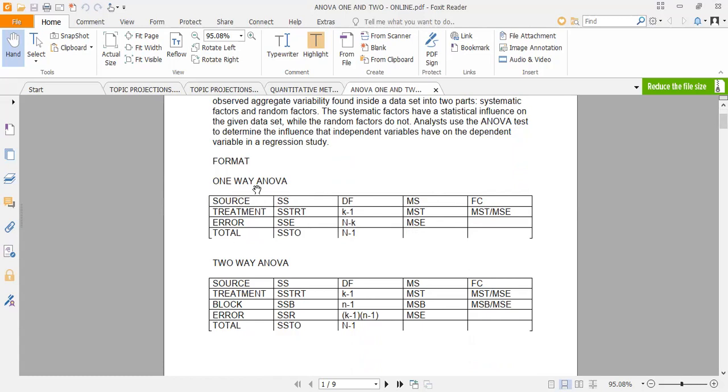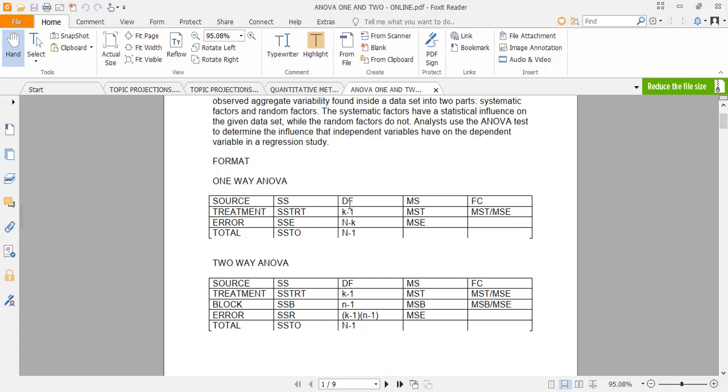So the one-way ANOVA has the following sources of variation. We have a treatment, we have the error, and we have the total. We use SS to stand for sum of squares: SSTRT, sum of square treatment, sum of square error, and sum of square total.